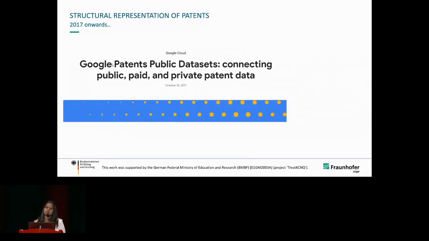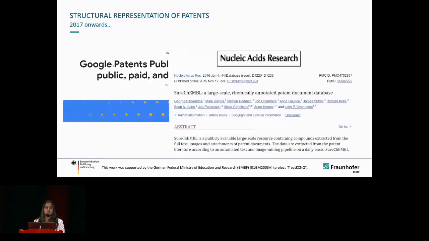That's where prominent companies like Google came into consideration, saying, okay, we will create a patent database, called Google Patents, where they will collect all of this data and start to aggregate and structure it. Similarly, EMBL-EBI created the SureChEMBL database, which tries to restrict the domain of patents to just those that are life science related.